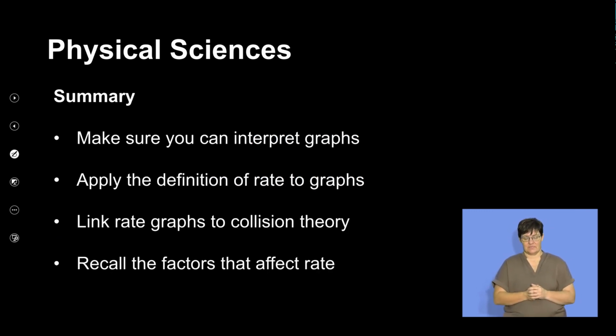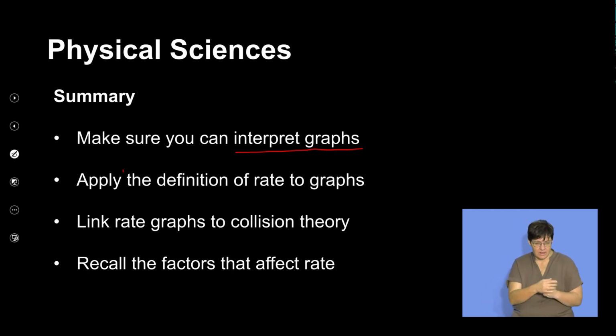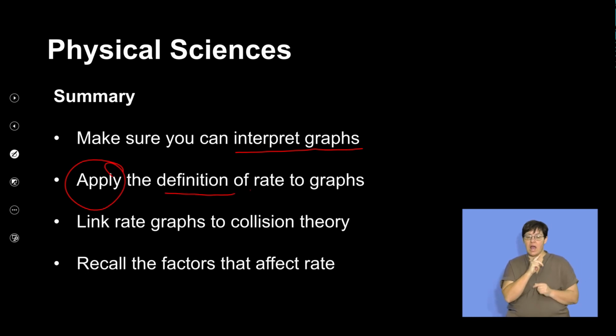In summary, we are now almost at the end of our lesson. I just want you to make sure that you can always interpret your graphs. Remember, you have different graphs that you're looking at. You must be able to interpret them, and know and understand conceptually where they fit in. You must be able to apply the definition of rate of reaction to graphs.